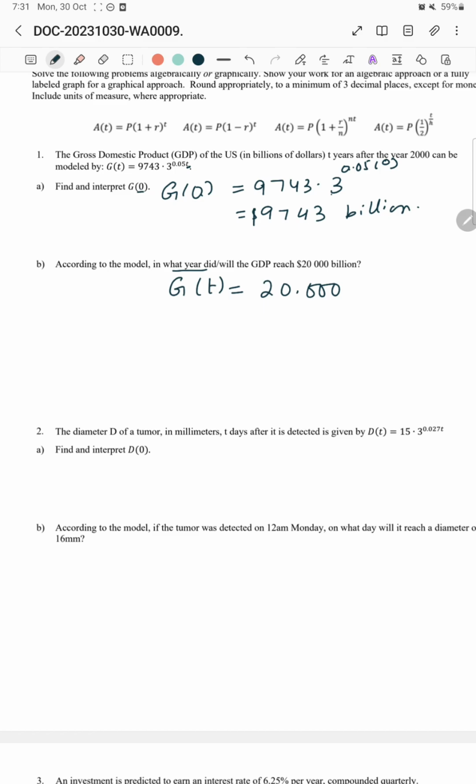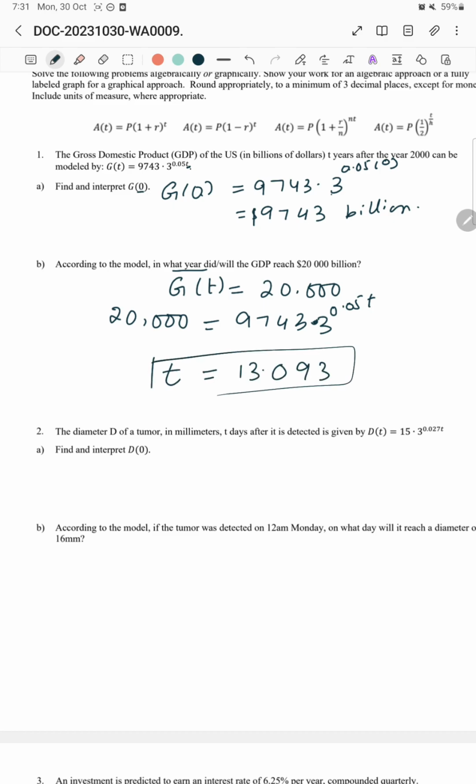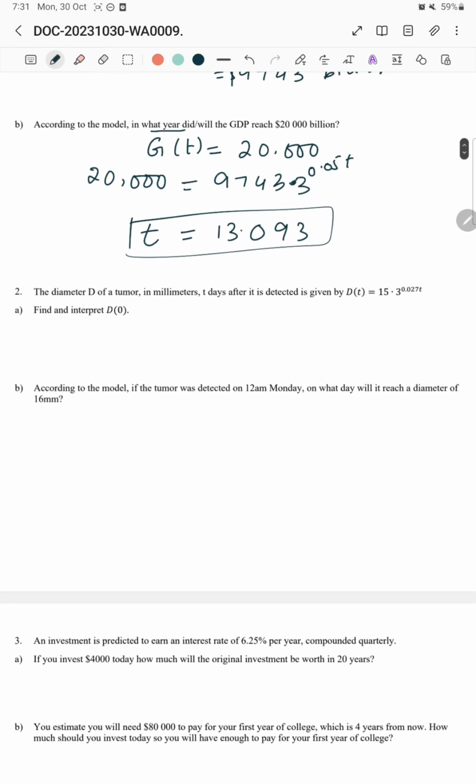So we need to find t. It would be very easy. 20,123 is equal to 9743.3 to the power 0.05t. And after dividing this and taking log on both sides, we will get that t is equal to 13.093.